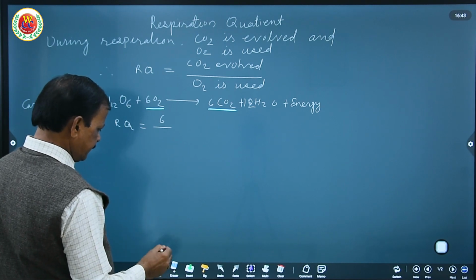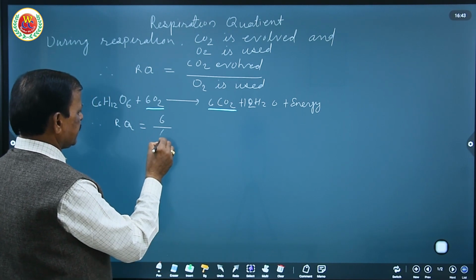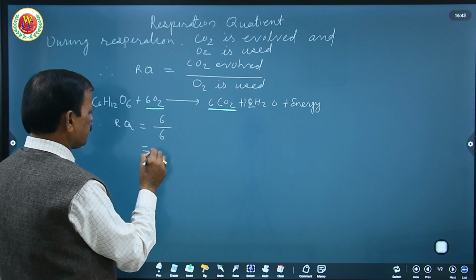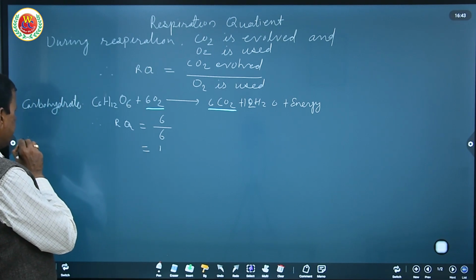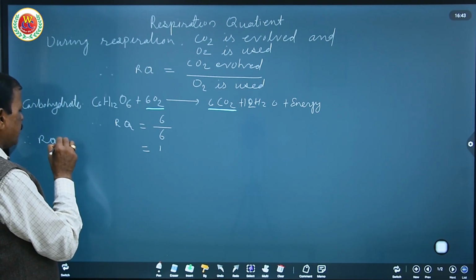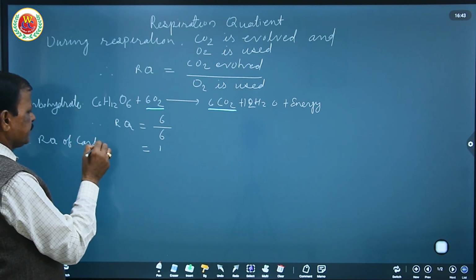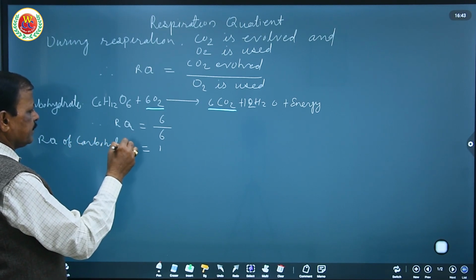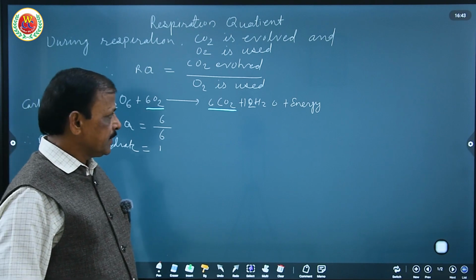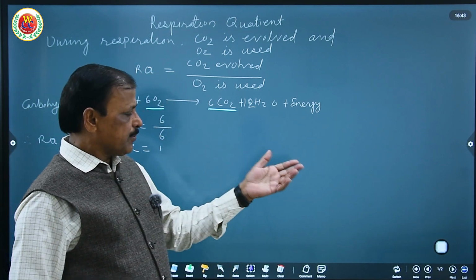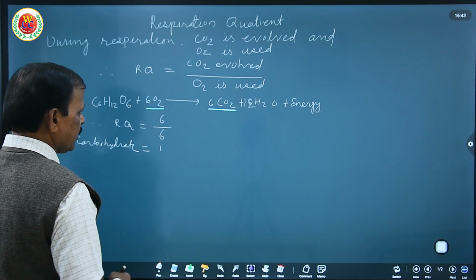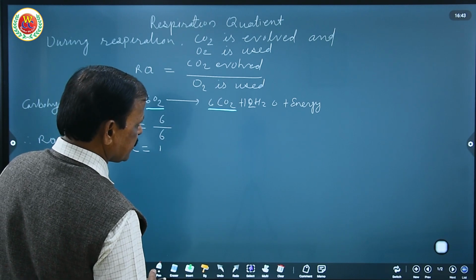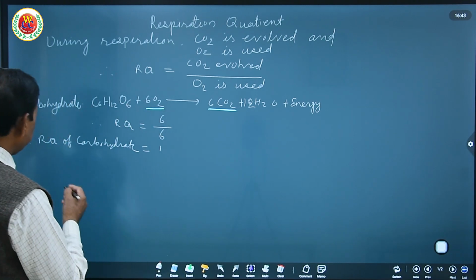Here you can understand that 6 upon 6 is equal to 1. So RQ of carbohydrate is 1.